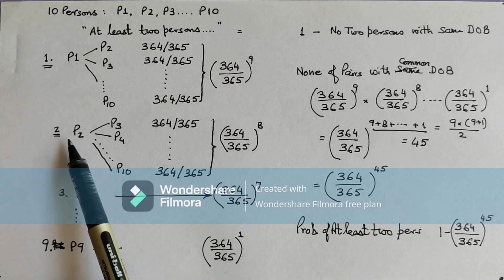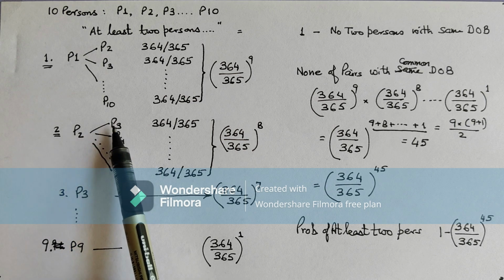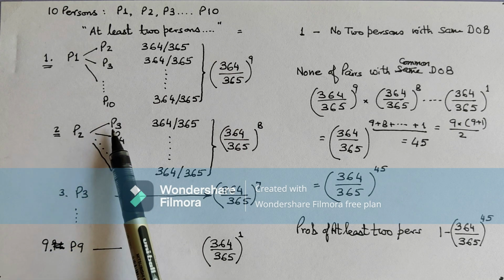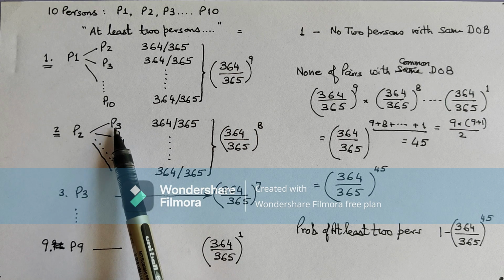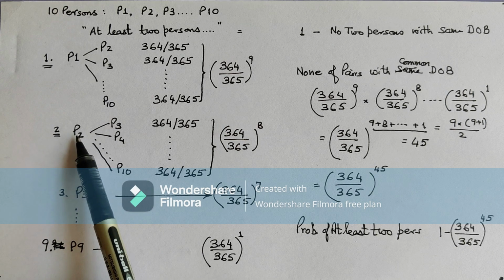So P2 gets one of those 364 days as his date of birth, and then the probability that P3 does not overlap with his date of birth is now 363. He has the remaining 363 days to choose from so that he does not overlap with P2.